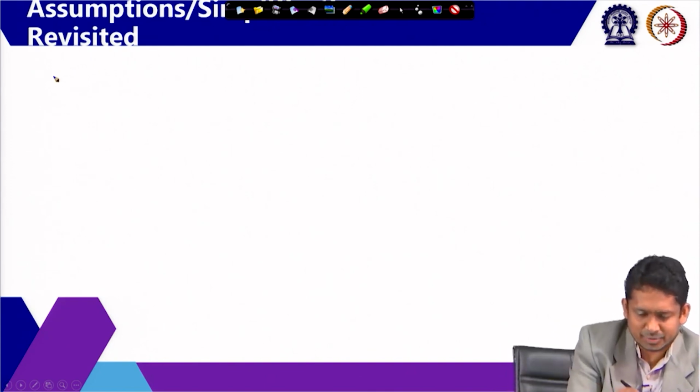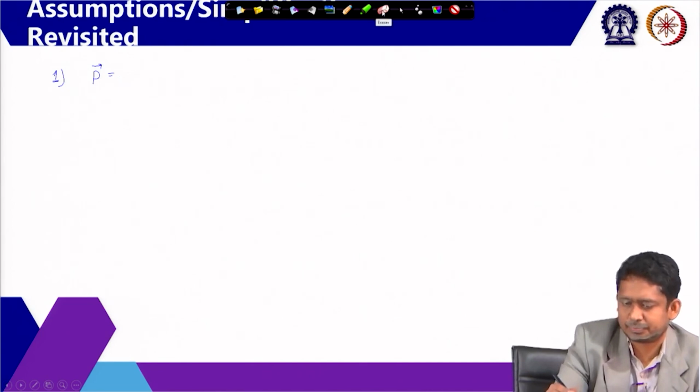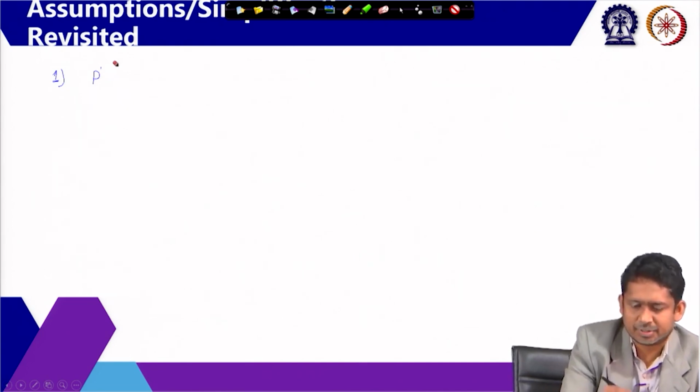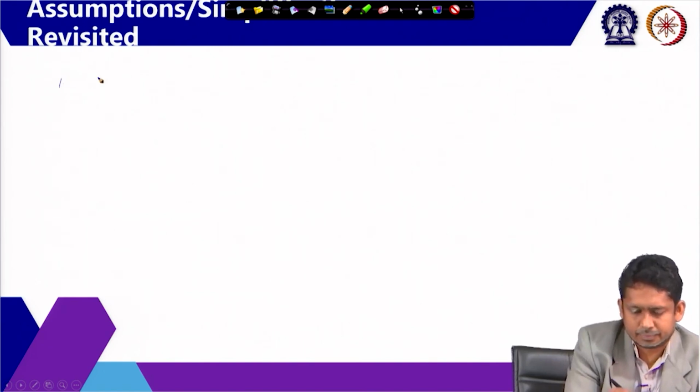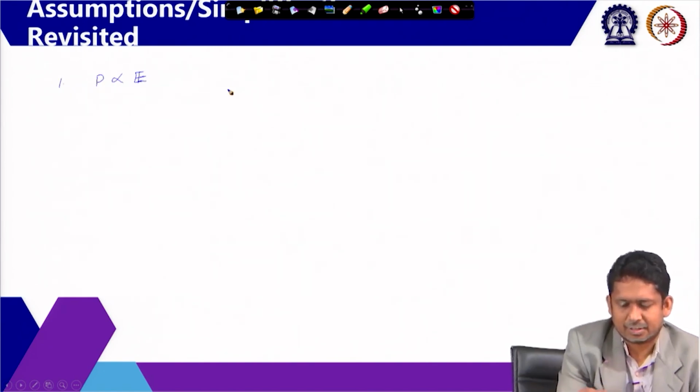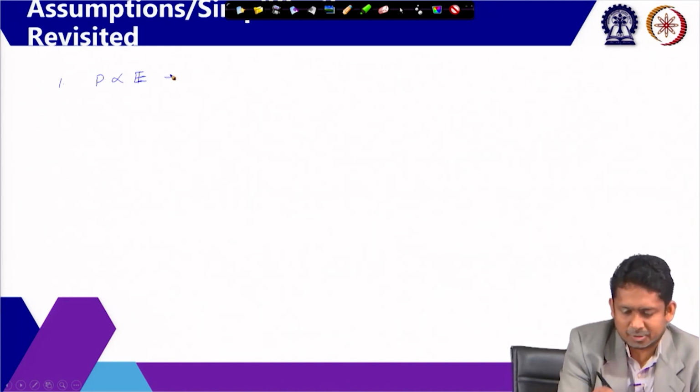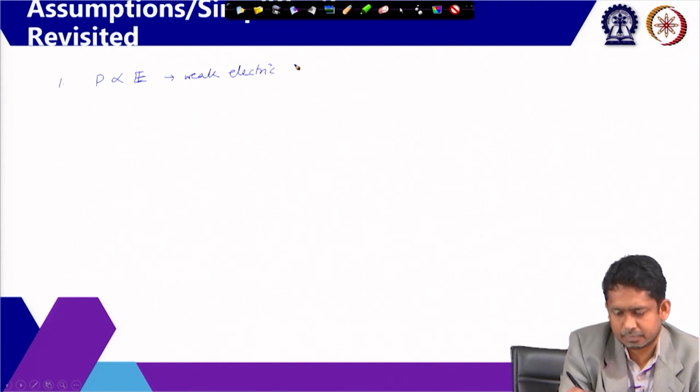Our first assumption was that the magnitude of the polarization P is proportional to E, and that is only possible when the electric field is weak.